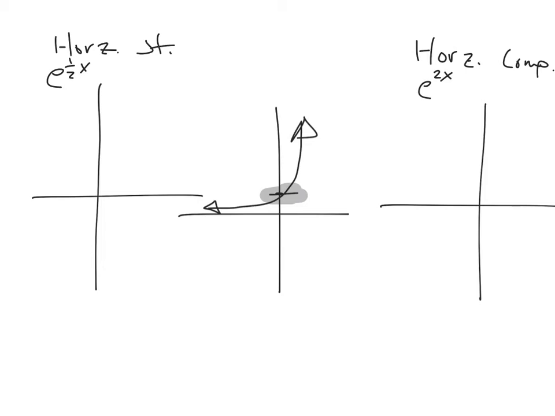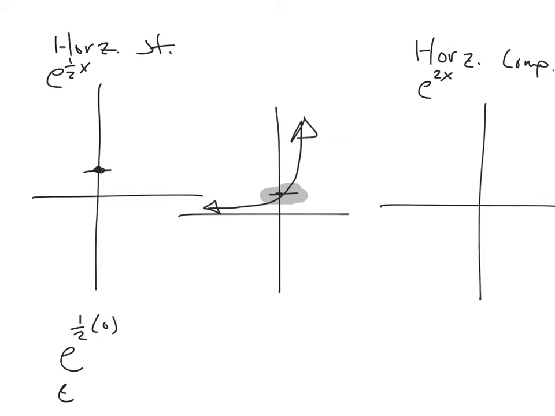Now, looking at this right here, believe it or not, this does not affect the overall placement of the original dot. So the parent function is at (0, 1). Well, with horizontal stretches and horizontal compressions, they're still going to exist at (0, 1). The reason for that is if you were to do e to the 1/2 times 0, well, what's 1/2 times 0?